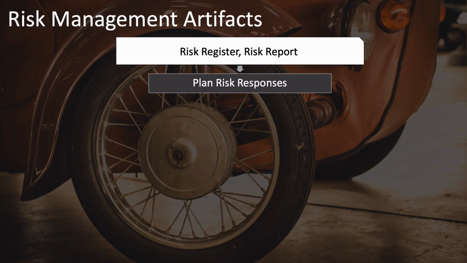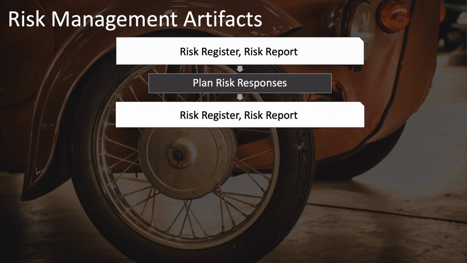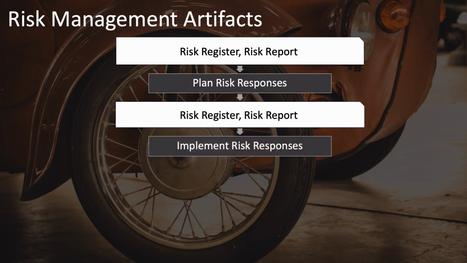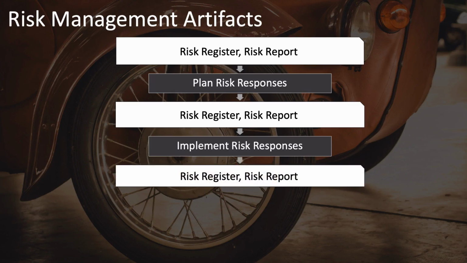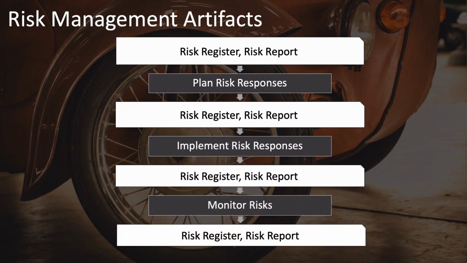These risk responses are then recorded again in the risk register and to some degree in the risk report. You then implement these risk responses, and any updates or changes, again, go into the risk register and risk report. You monitor these risks and record your monitoring information in the risk register and risk report.